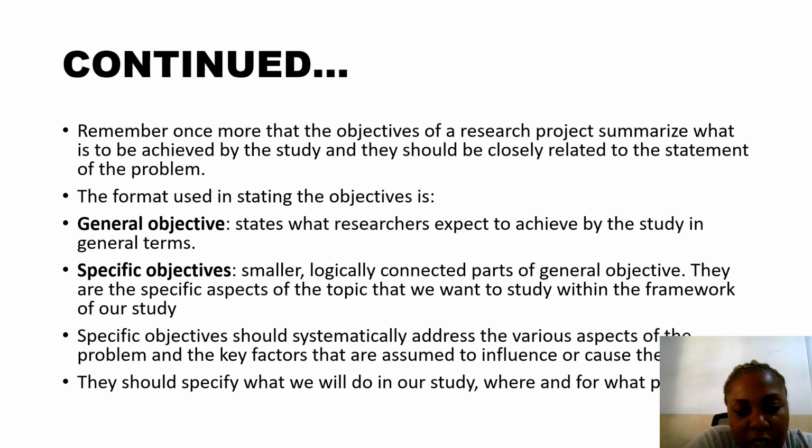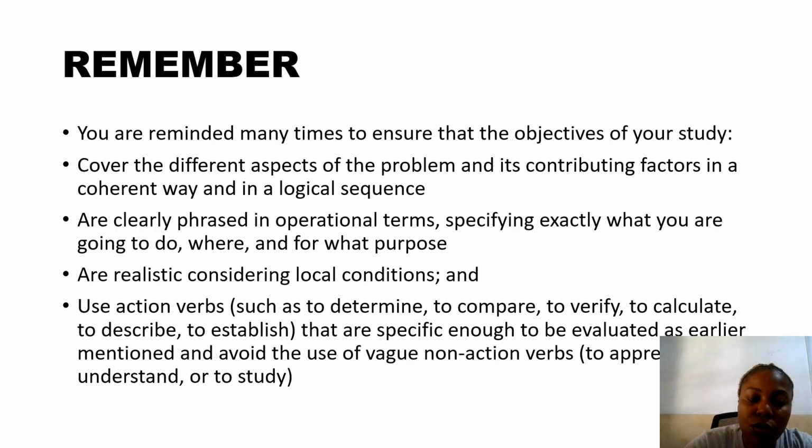So specific objectives should systematically address the various aspects of the problem and the key factors that are assumed to influence or cause the problem. They should specify what we will do in our study, where and for what purpose. So you are reminded many times to ensure that the objectives of your study cover the different aspects of the problem which you mentioned earlier, and its contributing factors in a coherent way and in a logical sequence.